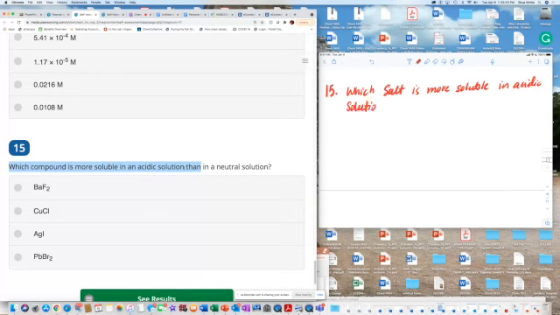So what I want to do here, y'all, is talk about before we even look at the compounds, what exactly? So we're comparing acidic solution, right? Acidic versus neutral. Neutral is not the one that we're examining here. There is something that's being added to the equation, so to say, by the acidic environment.